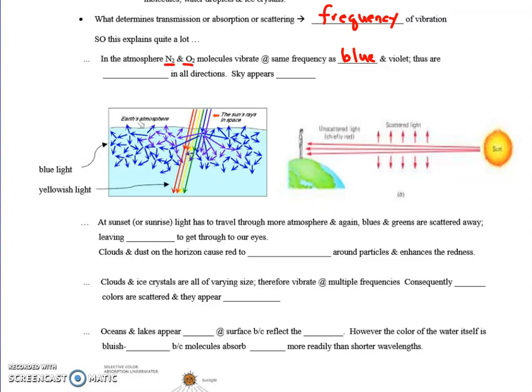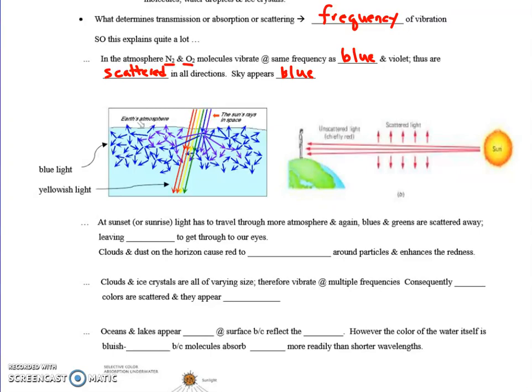What they'll do is, rather than become excited, they will just re-emit them in all directions, and that's what scattering is. Okay, so thus they are scattered in all directions. Thus, the sky appears blue, and to a lesser extent, a really deep blue, in all parts of the sky because light is being scattered in all directions, so no matter which way you're looking at, you're seeing scattered blue light.